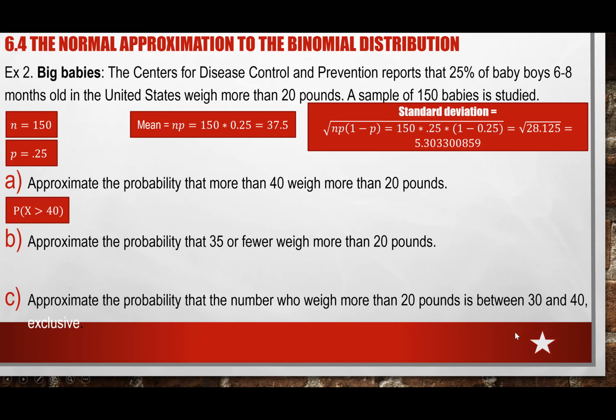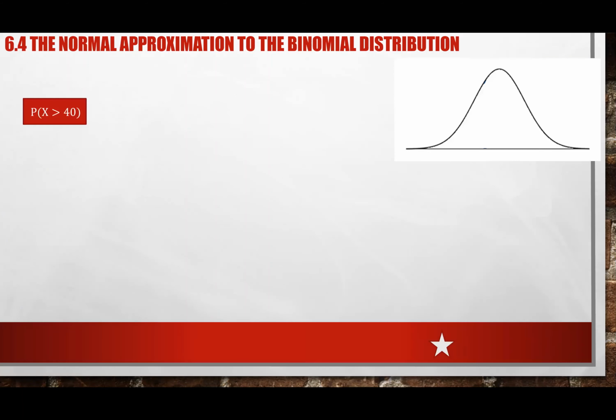As I told you last time, just sketch your bell-shaped curve, your normal distribution, and identify your endpoint, which in this case is 40. Do I shade the area to the left or to the right? Anything to the right of 40 will be greater than, bigger than, more than 40, right?